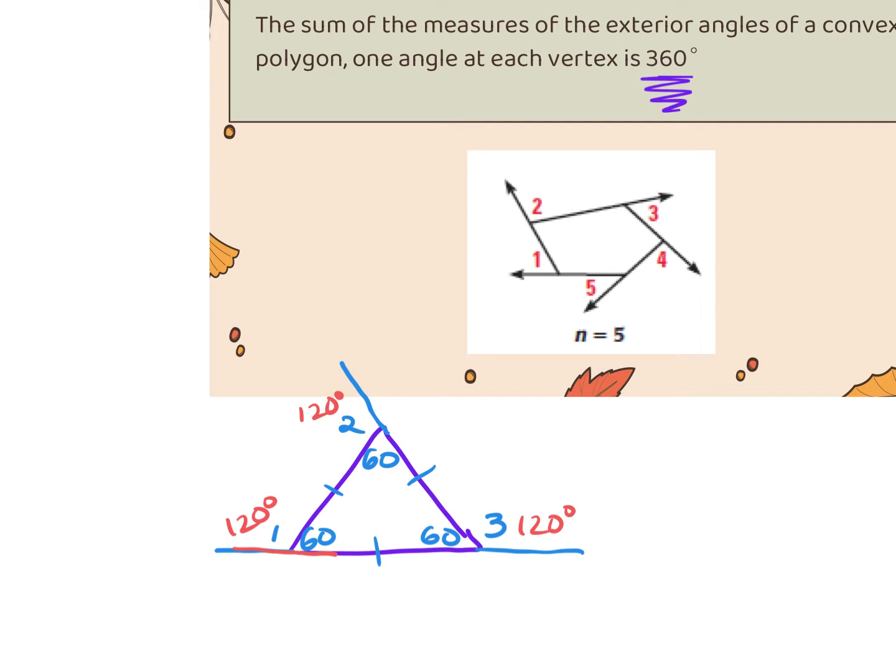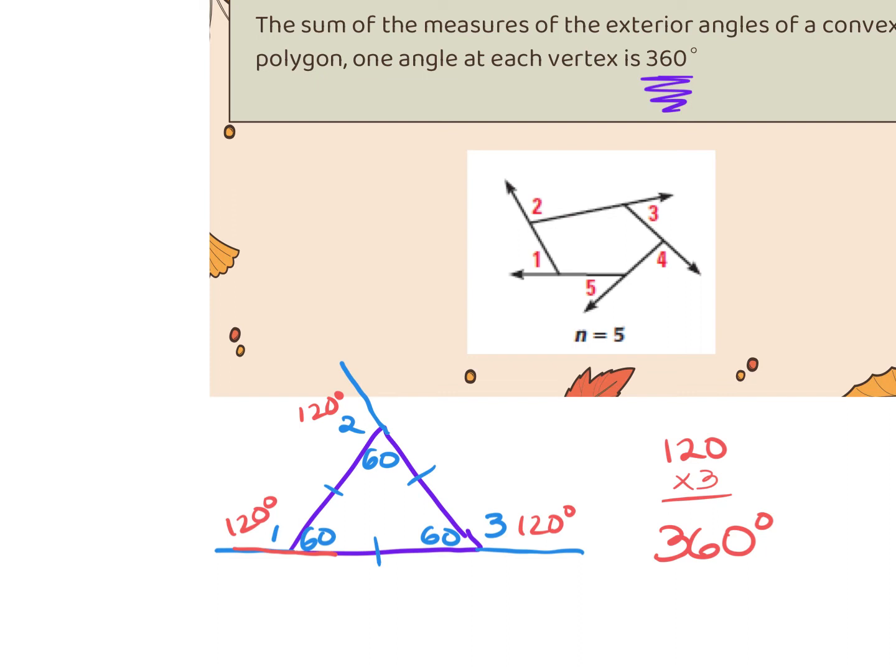And if you add 120 3 times, or even do 120 times 3, that will show you that the sum of those angles, 1, 2, and 3, always add up to be 360. And again, it doesn't matter what type of polygon it is, the exterior angles will always be 360.